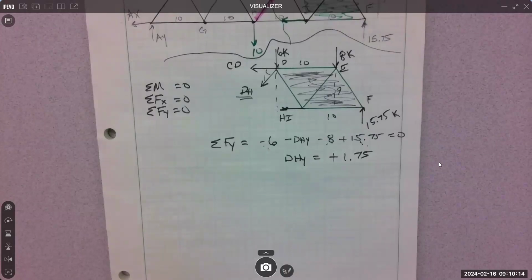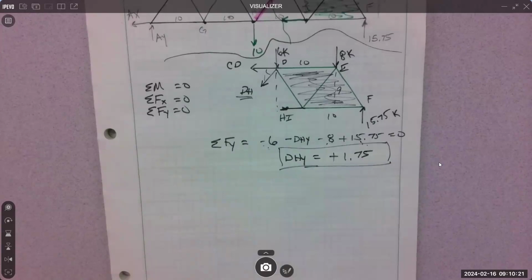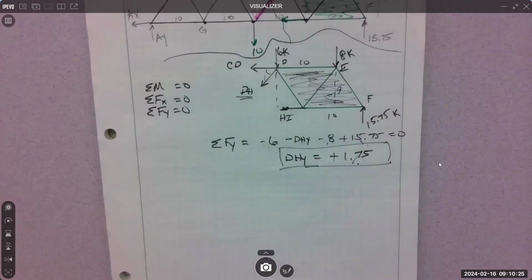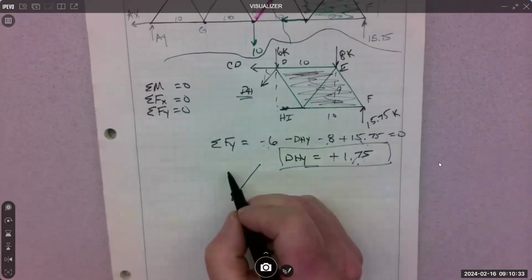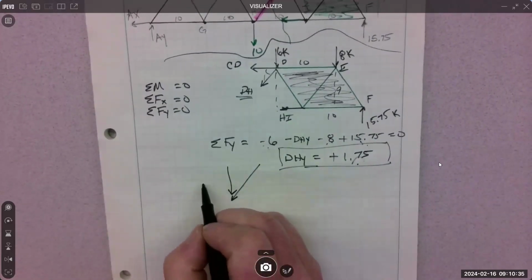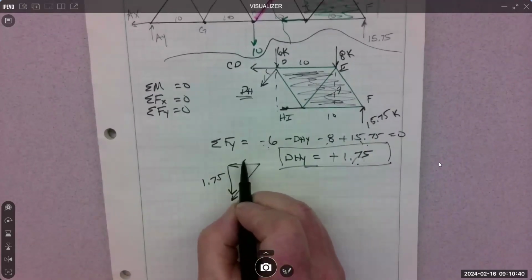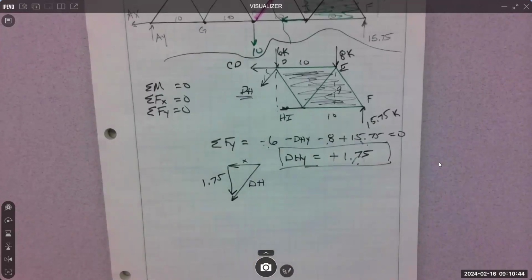How do we find DH? We have DHY. So be very careful: this is not your answer. This is the Y component of DH. There's DH. Here's DHY at 1.75. Here's DHX. And there's DH.